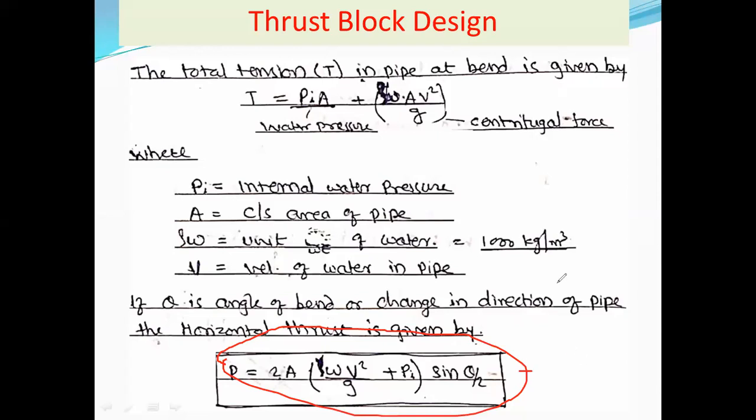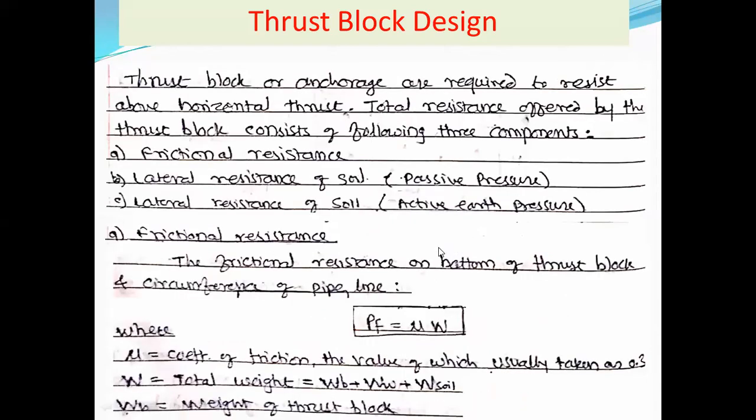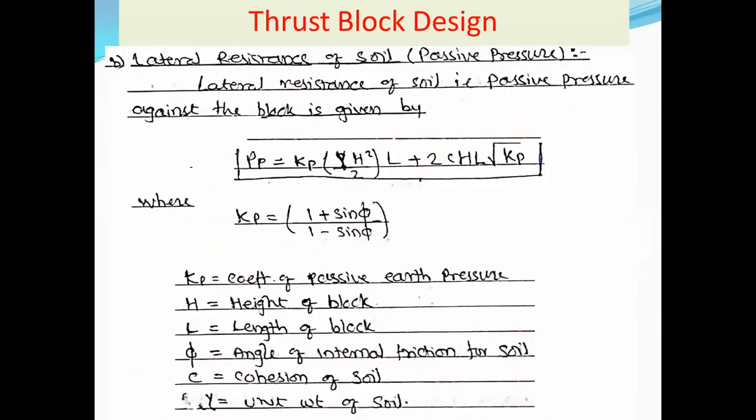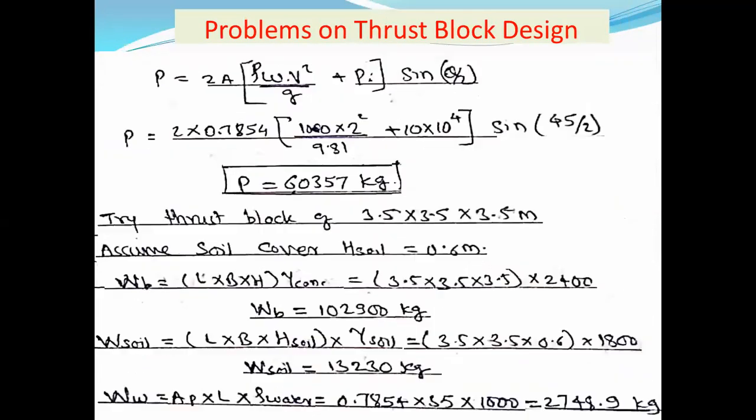To balance this thrust, we need to provide the thrust block, which will oppose the thrust force with the help of frictional resistance, passive earth pressure and active earth pressure. We studied how to find the resultant force and frictional resistance using this formula, and then how to find the active and passive earth pressure forces. We solved this problem based upon this.